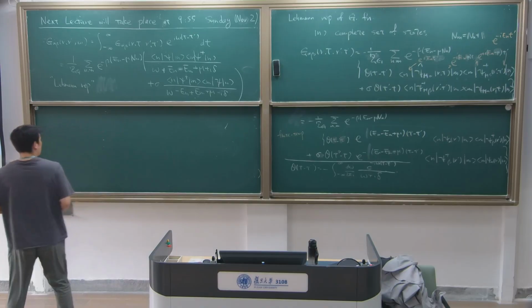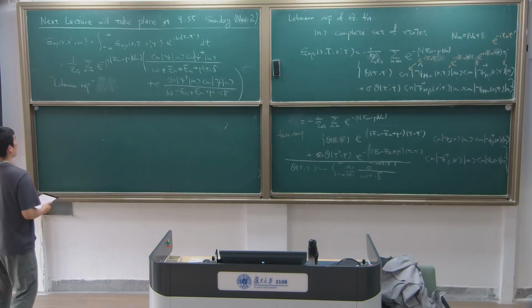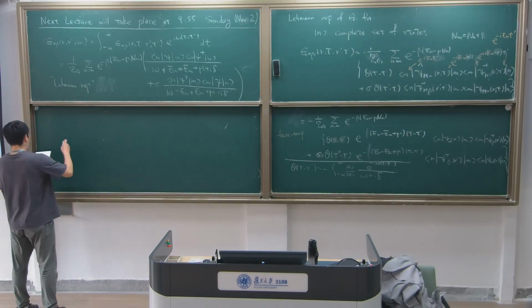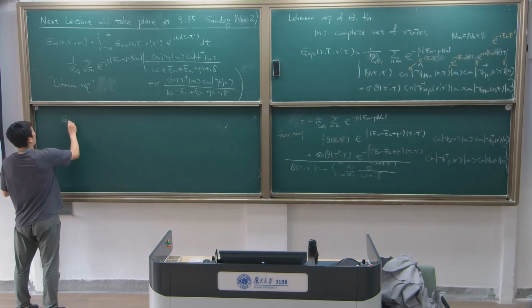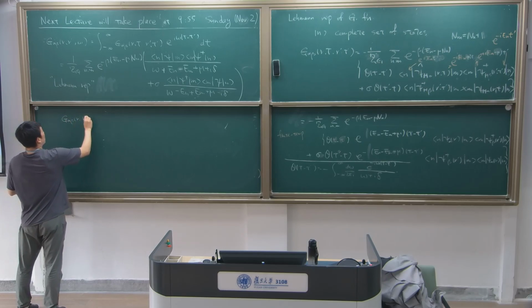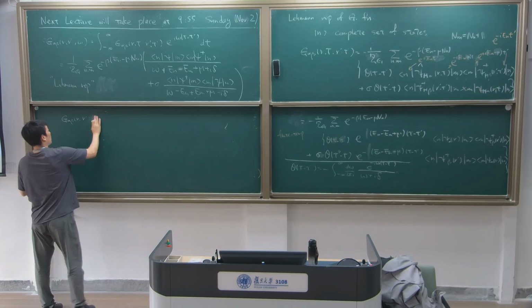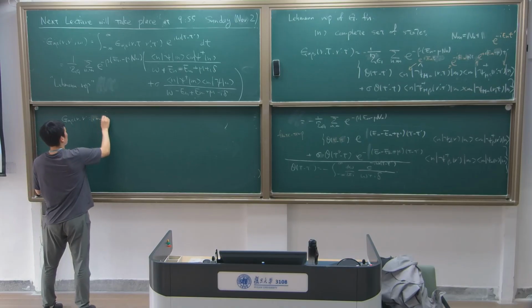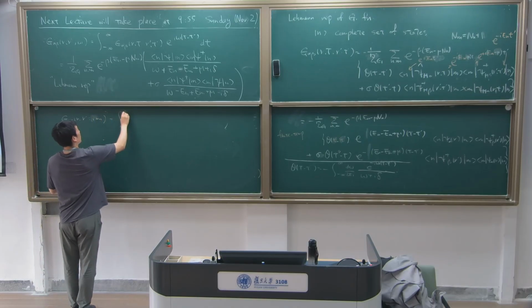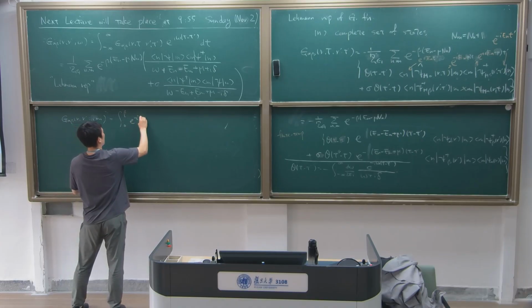But we saw last time, the Fourier transformation is just giving only omega.